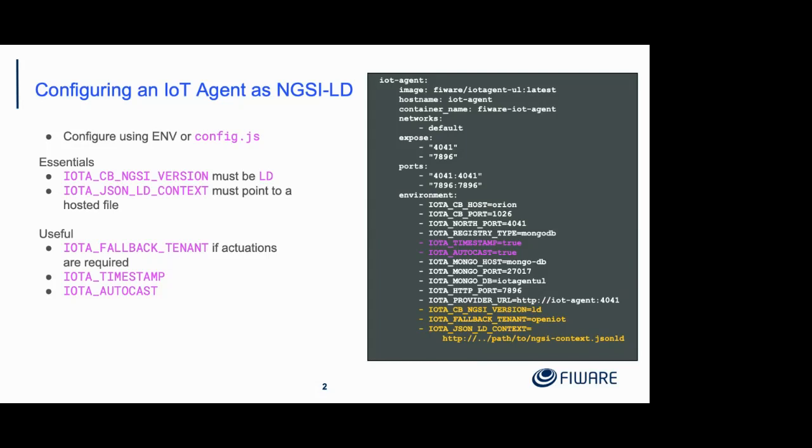The fallback tenant is the first one I'm looking at. Now, as I said, the IoT agents were sending information initially in V2 format. They've been extended to use LD. And if you are dealing with actuations, a situation where you get an input at the context broker, which is then pushed back to the device itself, it is possible that a header won't be in there to identify which tenant you're talking about.